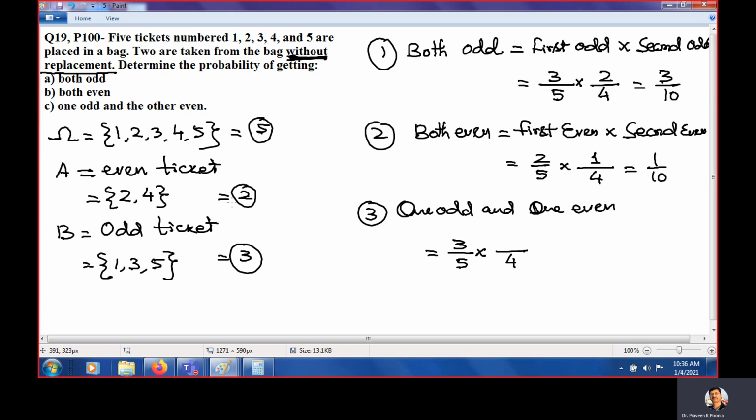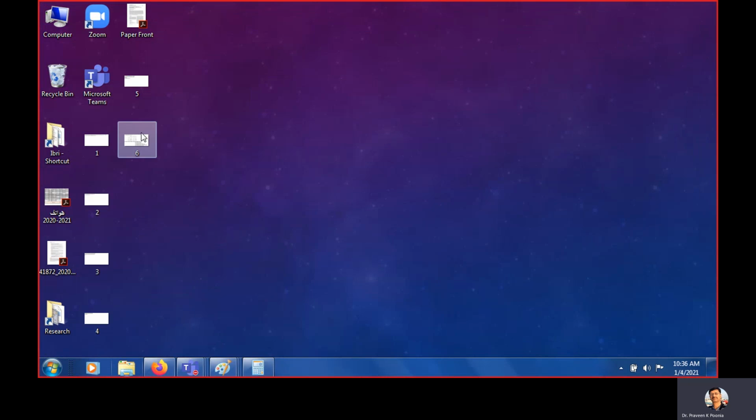And 1 even, how many even? 2. So the answer is 3 upon 10. Correct. 3 upon 10. 1 odd and 1 even. Okay. So this is the question number 5.